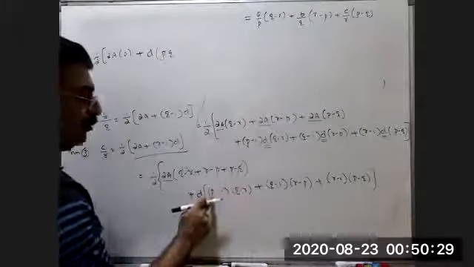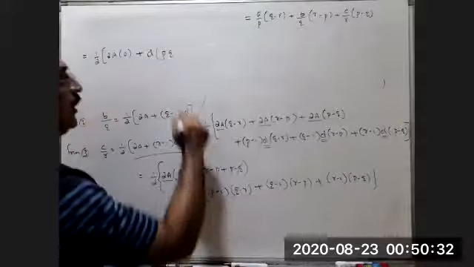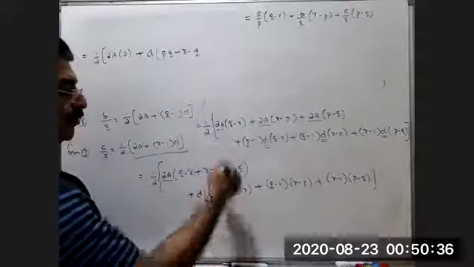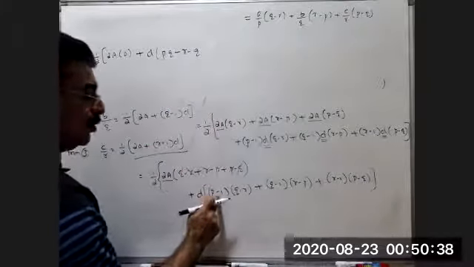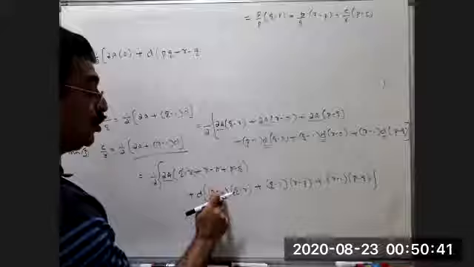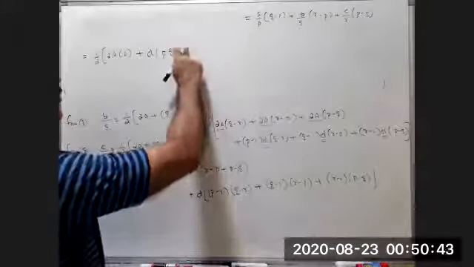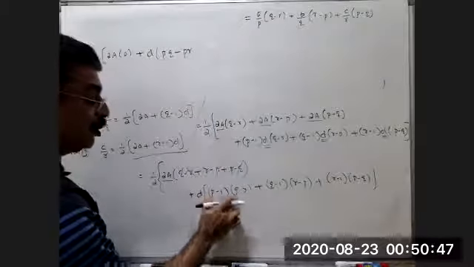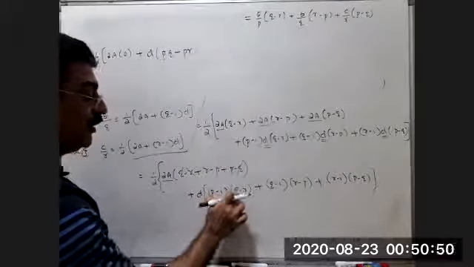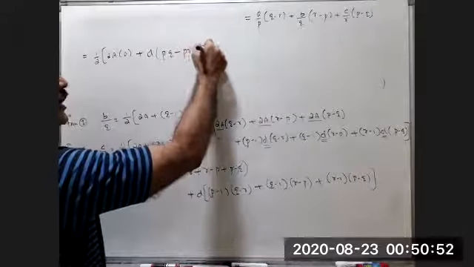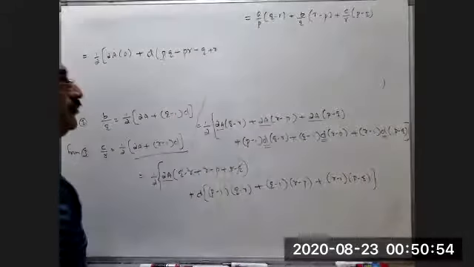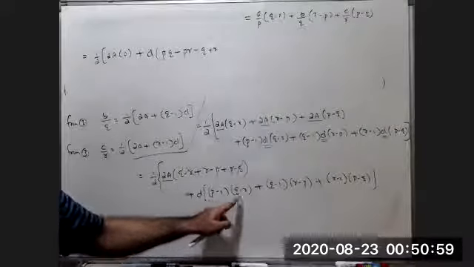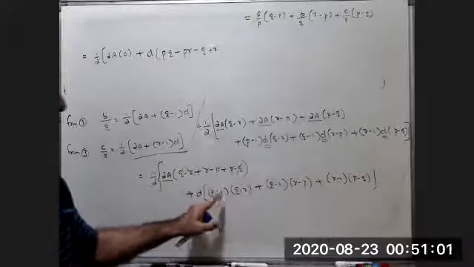Opening bracket: PQ minus PR minus Q plus R. First multiply with P, PQ minus PR. Then with minus 1, minus Q plus R.